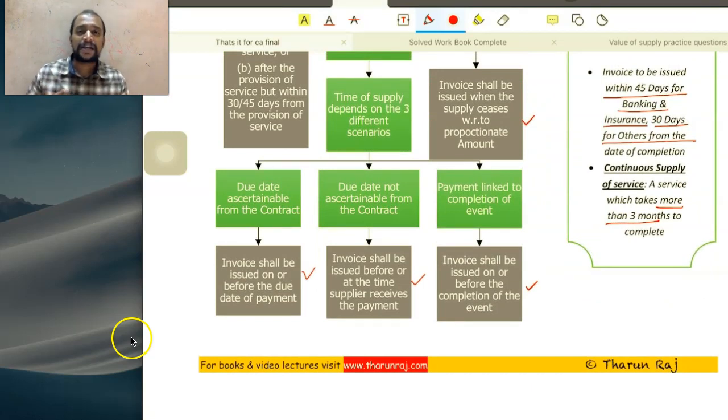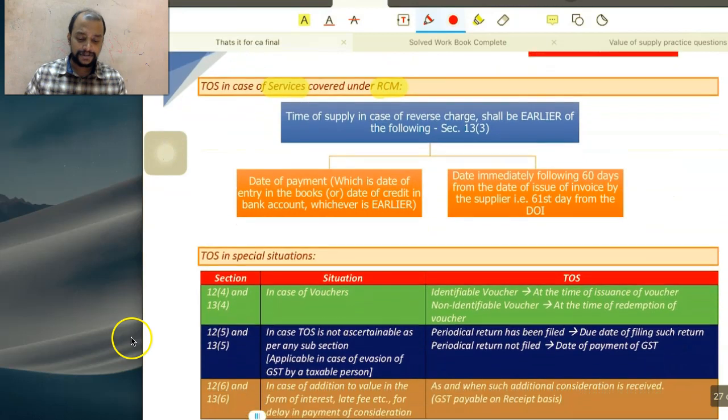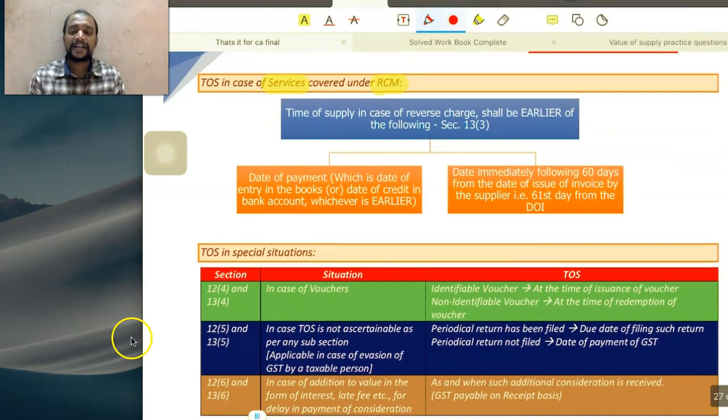Listen, GST being an accrual mechanism of payment of tax, on advances GST is always payable. The exception is only in case of goods covered under the forward charge mechanism. Then, look into time of supply in case of services covered under RCM. In case of goods covered under RCM, we have seen 3 dates: the date on which goods are received, and the 31st day from the date of invoice, or the date on which payment is made by the recipient to the supplier, whichever is earlier.